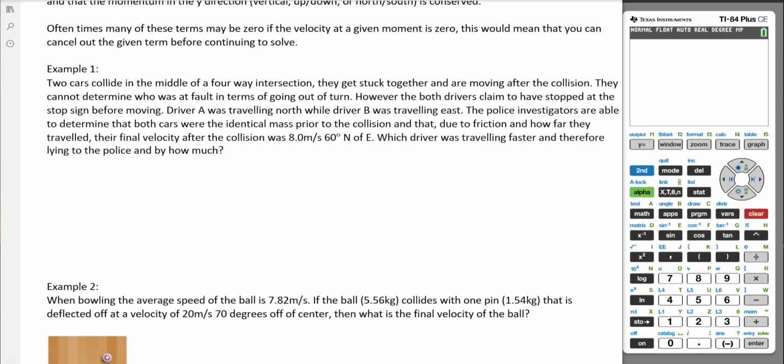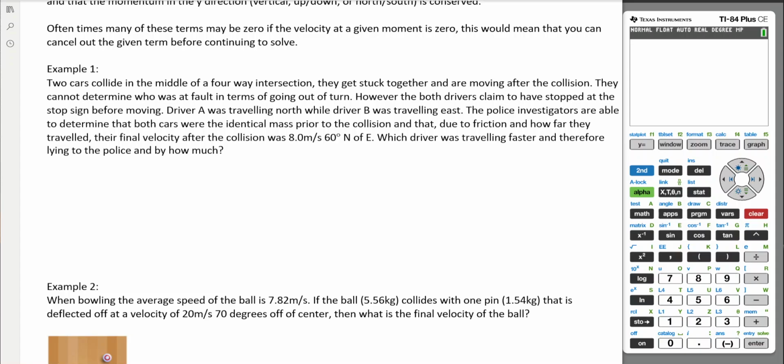The police investigators are able to determine that both cars were identical mass prior to the collision, and that due to friction, they were able to determine by how far they traveled. Their final velocity together after the collision was that. Which driver was traveling faster and therefore lying to the police, and by how much?